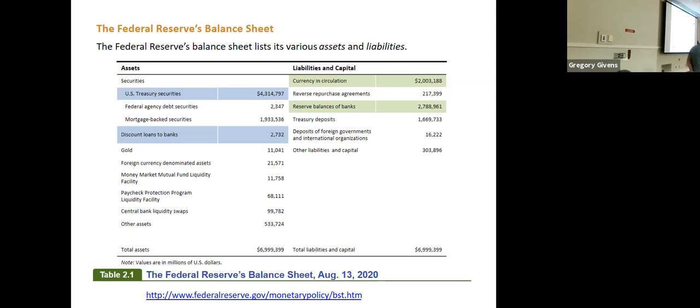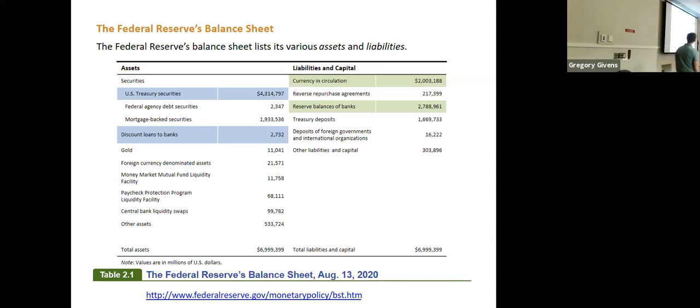So private banks, if they hold anything in reserve at the Fed, can demand those assets at any time, right? And the Fed has to be able to provide dollars to those banks to match those reserves. So reserve balances at banks are going to be a liability for the Federal Reserve. These are kind of like checking account balances for banks held at the Federal Reserve. Those are, what, close to $3 trillion.